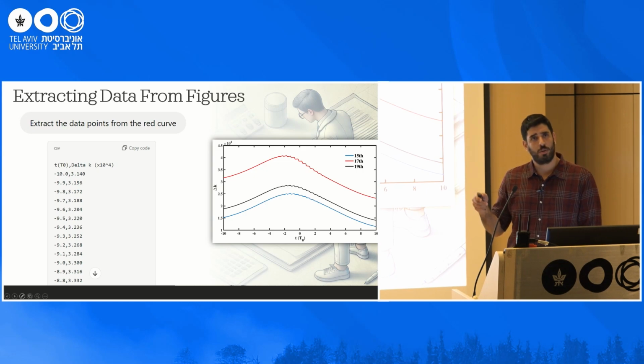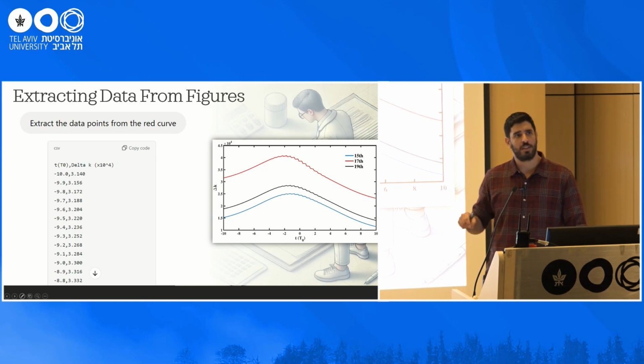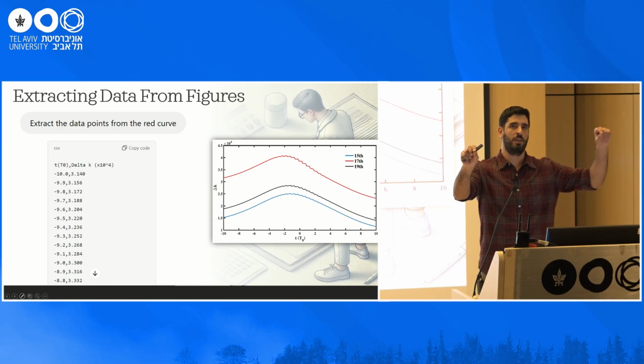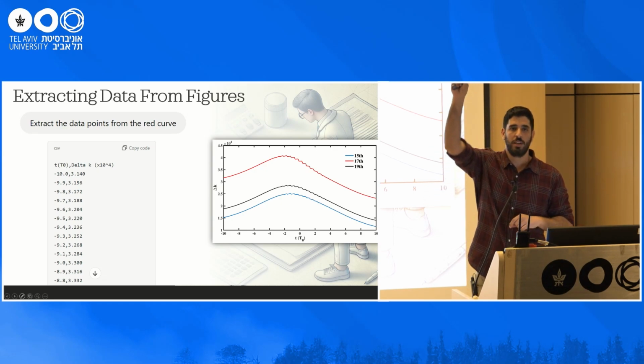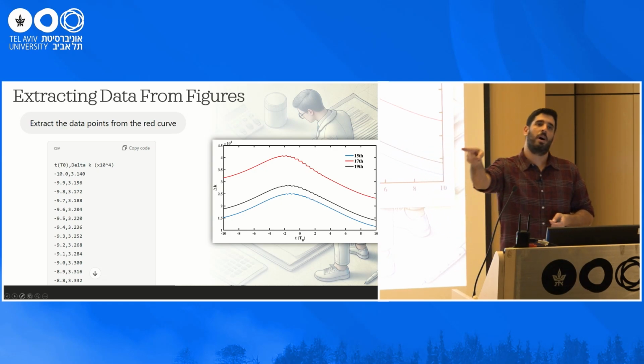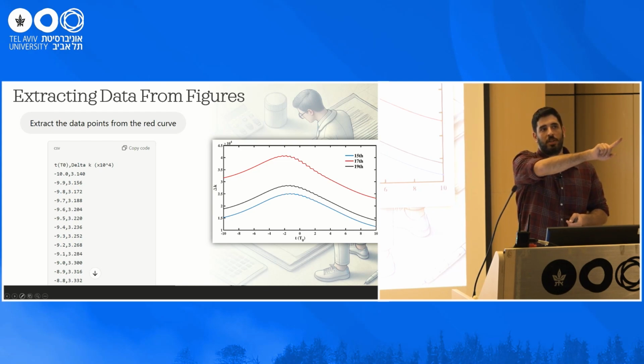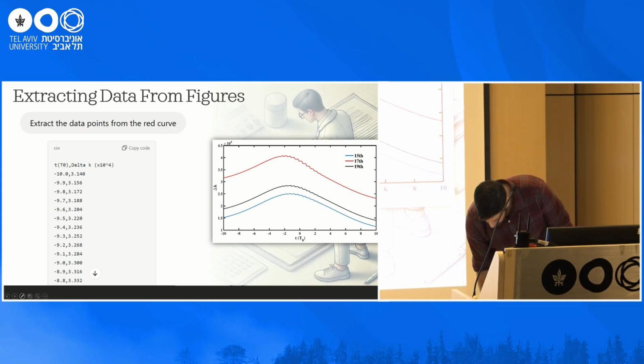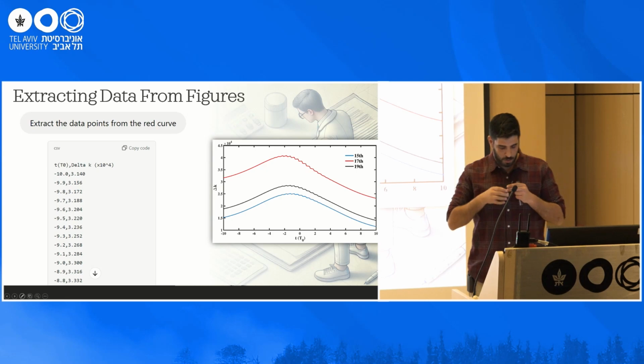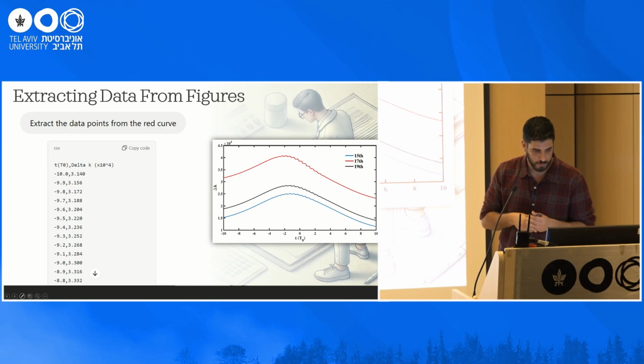I know that there are also other tools where you can do it manually. You can set the origin, tell it the maximum value in the X direction, the maximum value in the Y direction, and then follow with the mouse along the curve from which you want to extract the data.